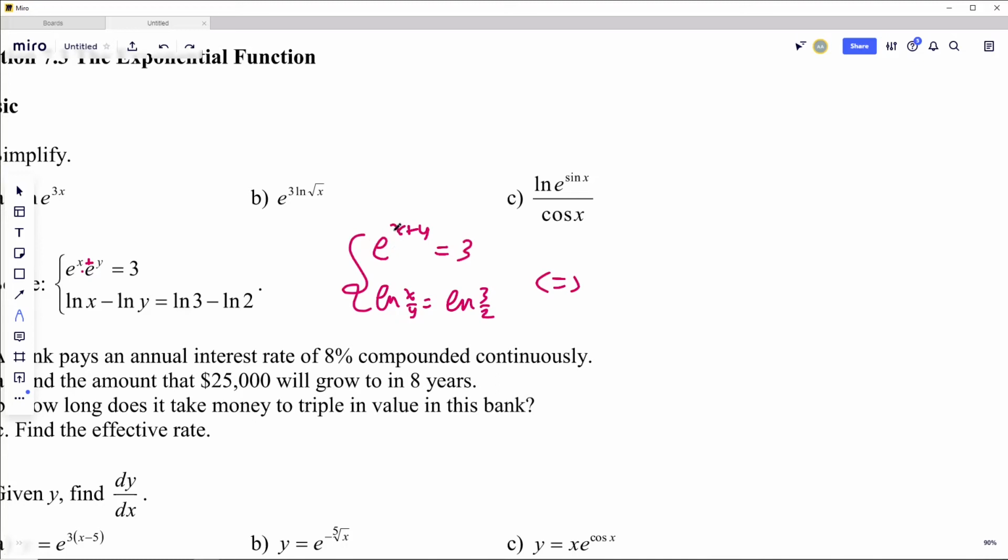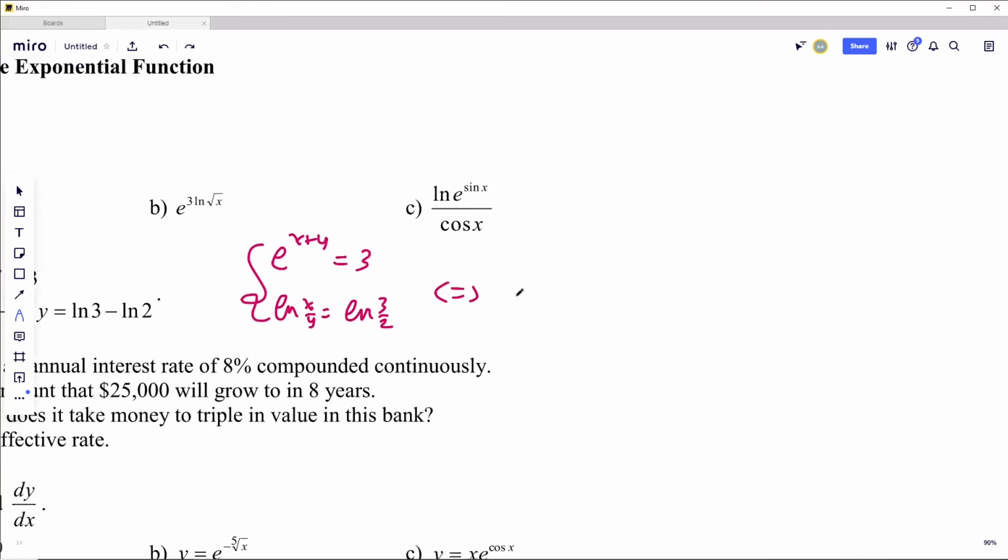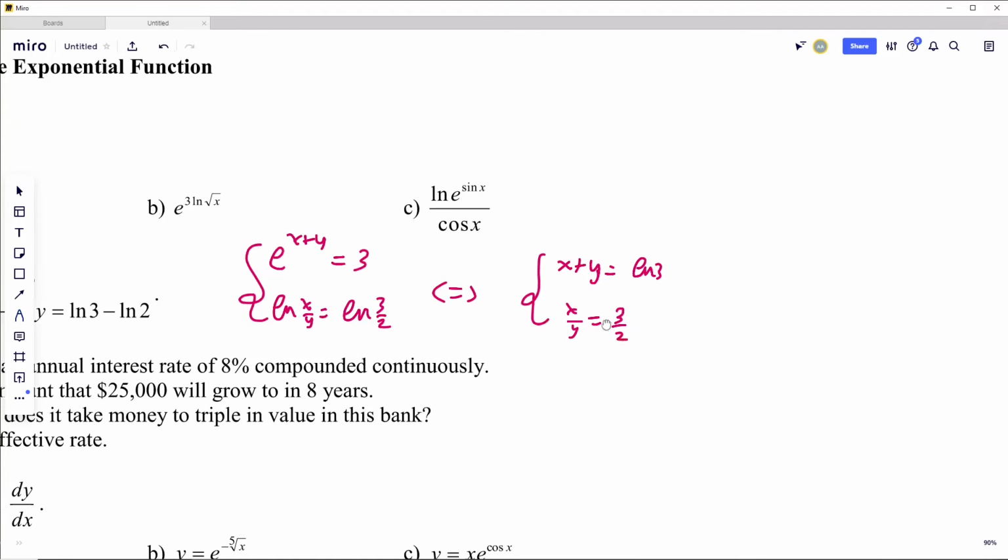So ln e immediately gets cancelled out, x plus y equals ln 3. And this one, you can operate e. So e to the power of cancels with ln. So you have x over y equals 3 over 2. So this is x plus y equals ln 3, and this one I did e, so x over y equals 3 over 2.